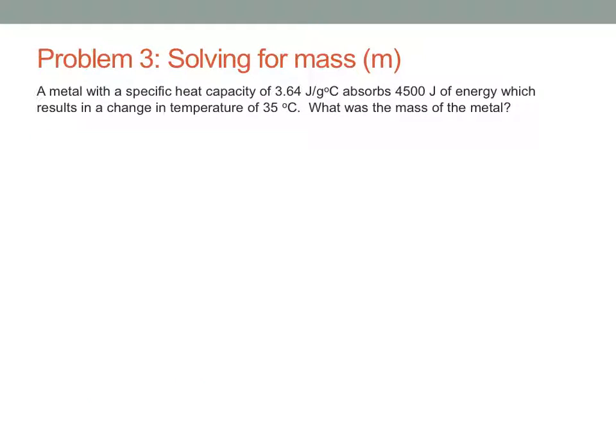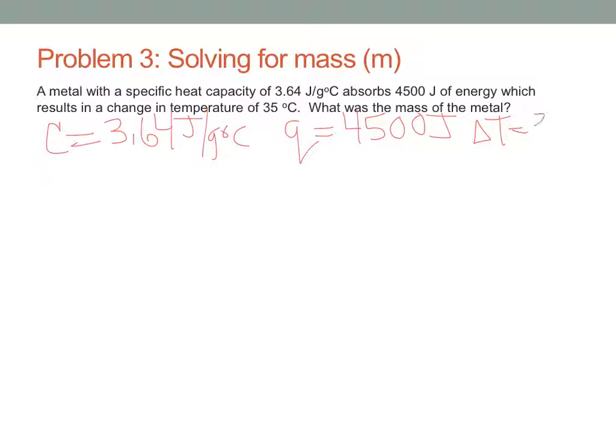Good. For problem C, we're going to be solving for mass. So always starting the same way, identify variables. So in this case, C is 3.64 joules per gram degree C. Our Q is 4,500. And our delta T is 35 degrees C. So now, let's rearrange our equation.